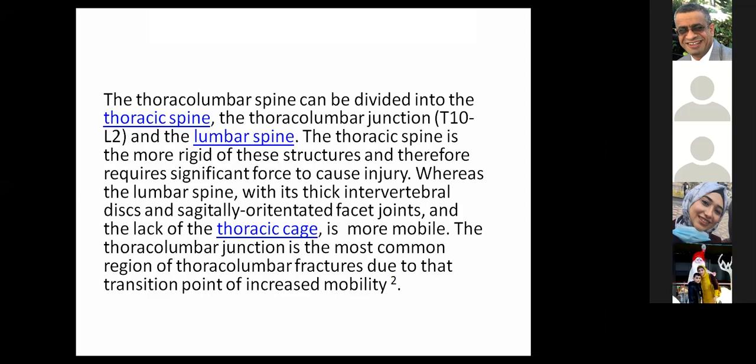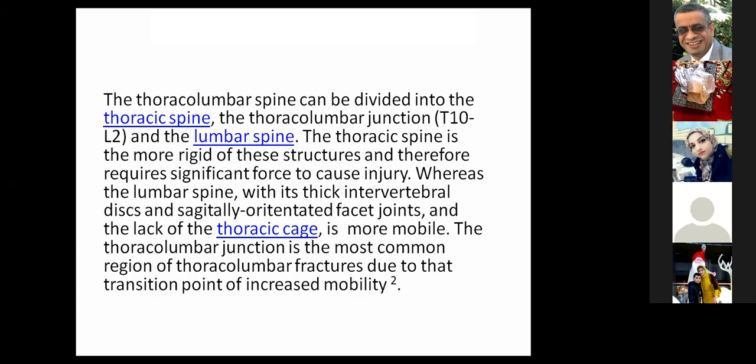The thoracic spine is the most rigid of these structures and therefore requires significant force to cause injury, whereas the lumbar spine, with its thick intervertebral discs, sagittally orientated facet joints and the lack of the thoracic cage, is more mobile. The thoracolumbar junction is the most common region of thoracolumbar fracture, due to it being a transition point of increased mobility.